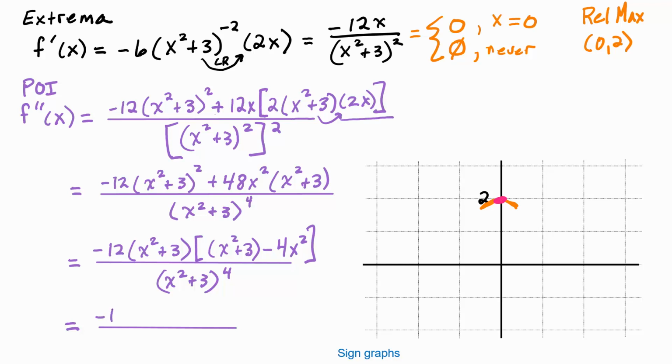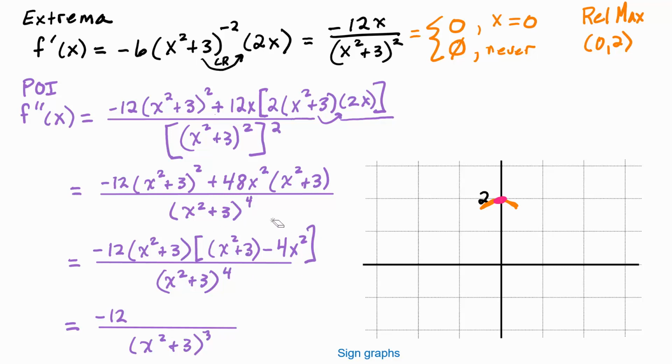Now we've got negative 12 in the numerator. This quantity x squared plus 3 cancels one of those in the denominator, so we have x squared plus 3, that quantity to the third power now.